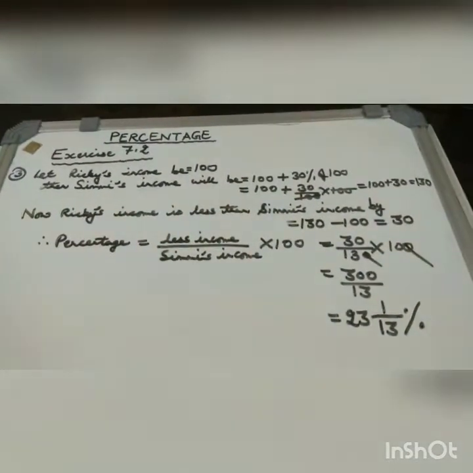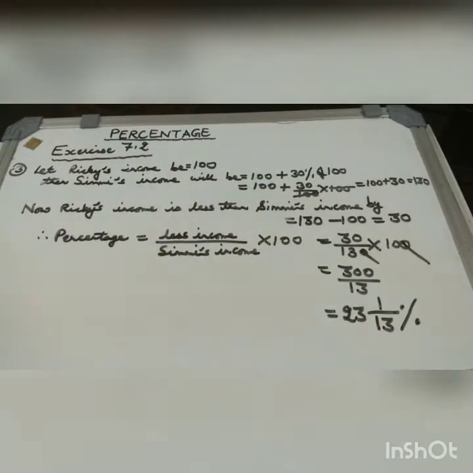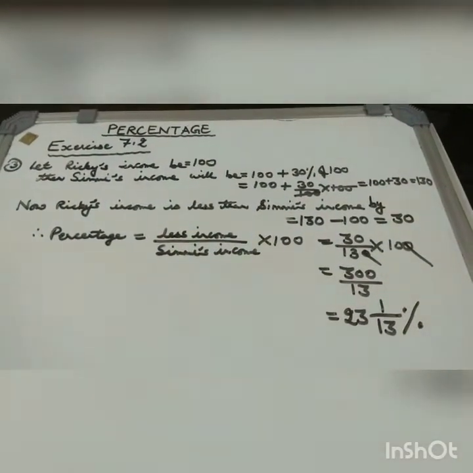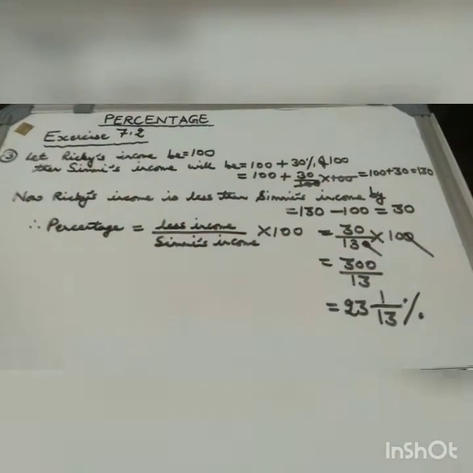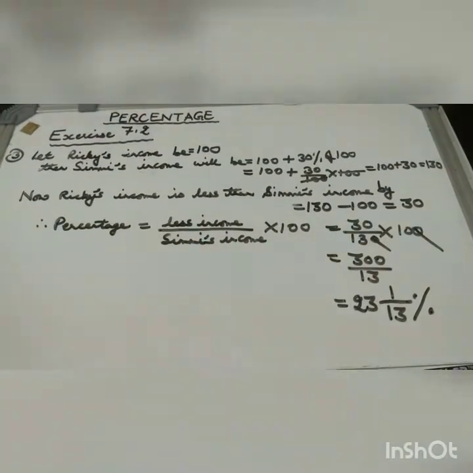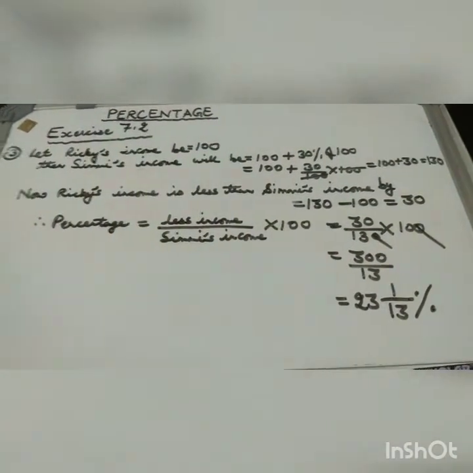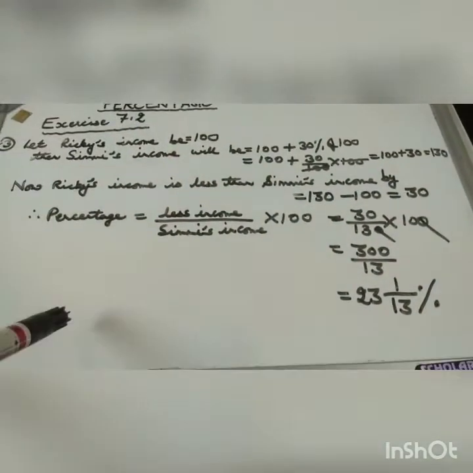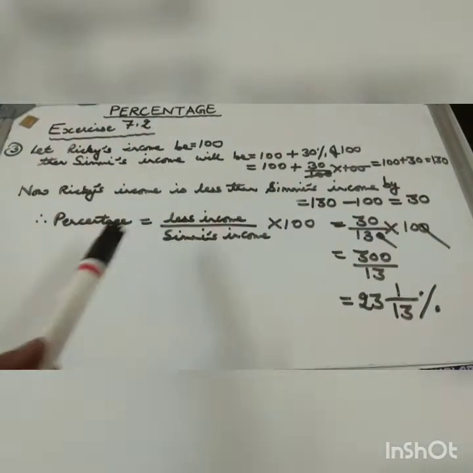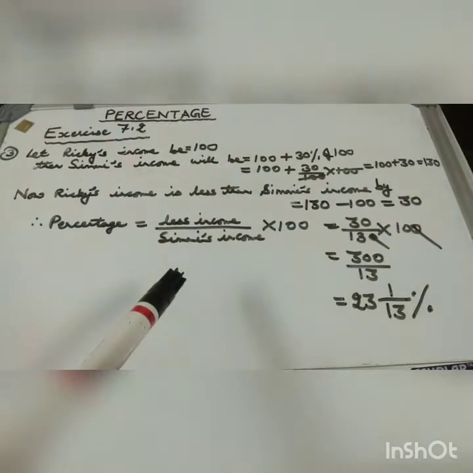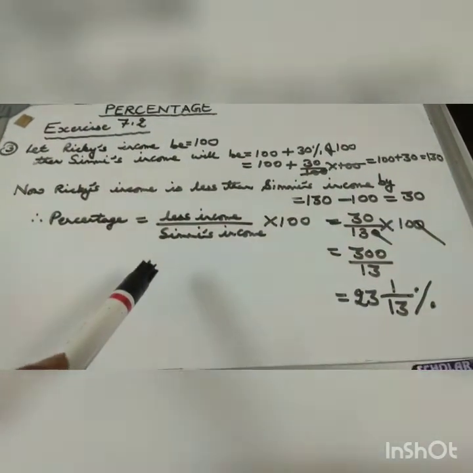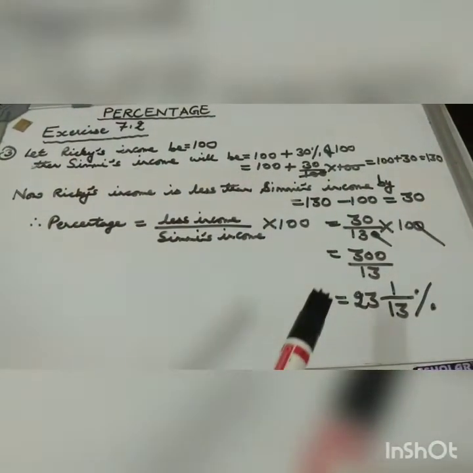So this is how you can manage your question without using x but taking it with 100. Whenever we assume, instead of assuming it to be x, of course this question could be done with x as I have done the previous question, but in this question I have tried with 100, and you will see if you have the correct concept, then obviously the calculations are much simpler.